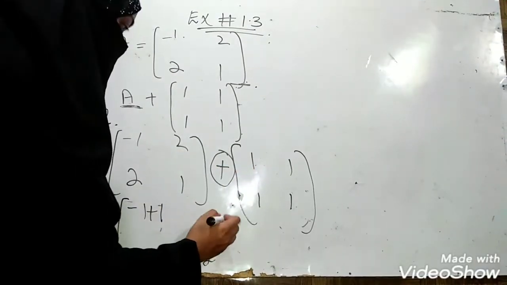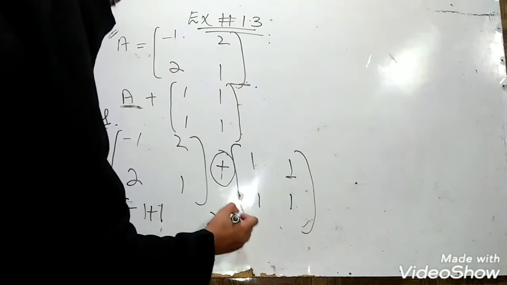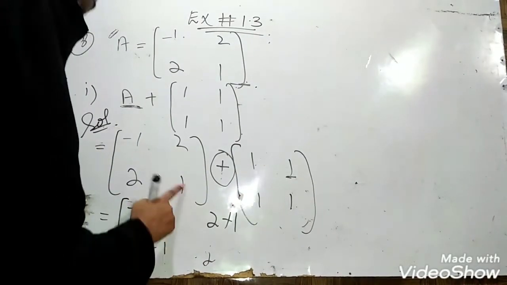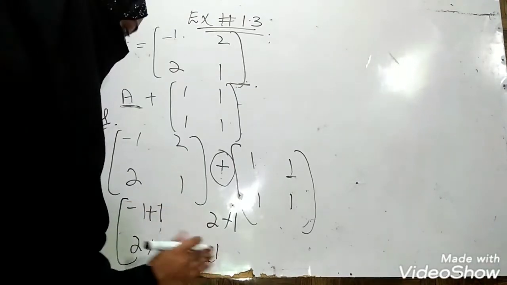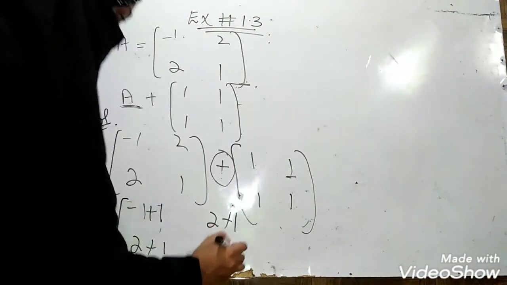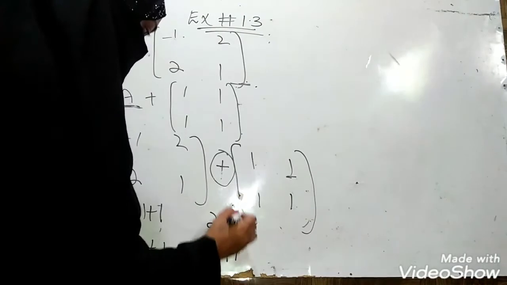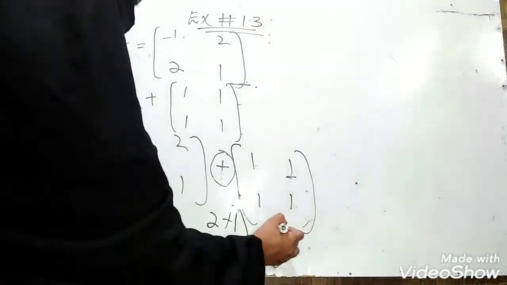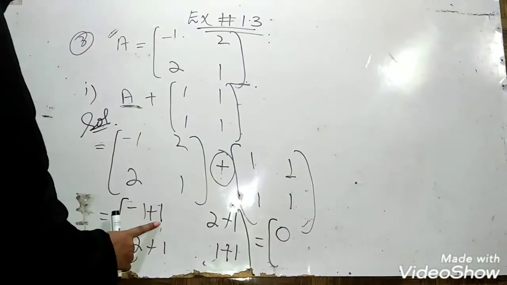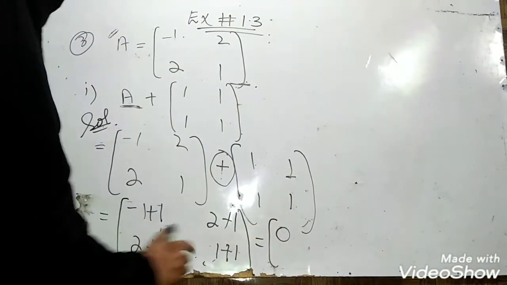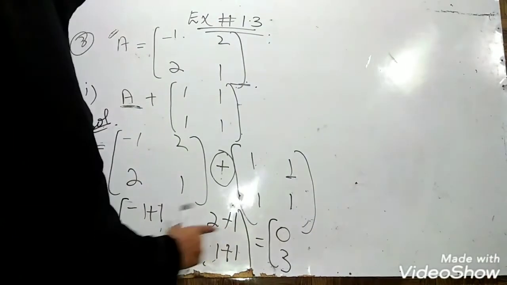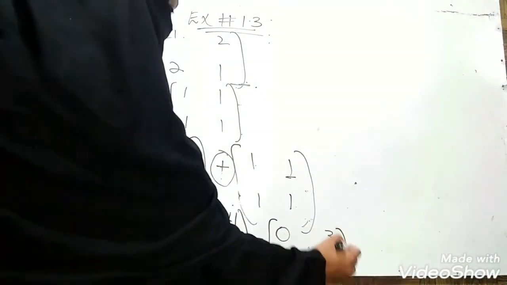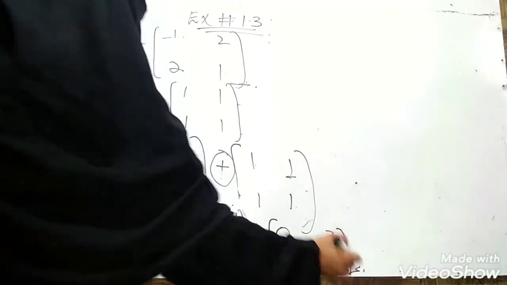Similarly, 2 plus 1, 2 plus 1, and the last one is 1 plus the corresponding entry 1. Now add these matrices. Minus plus plus becomes 0. 2 plus 1 is equal to 3. 2 plus 1 is equal to 3. And 1 plus 1 is equal to 2. This is the required answer.